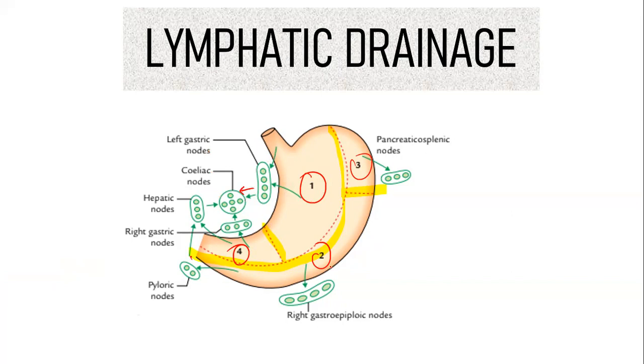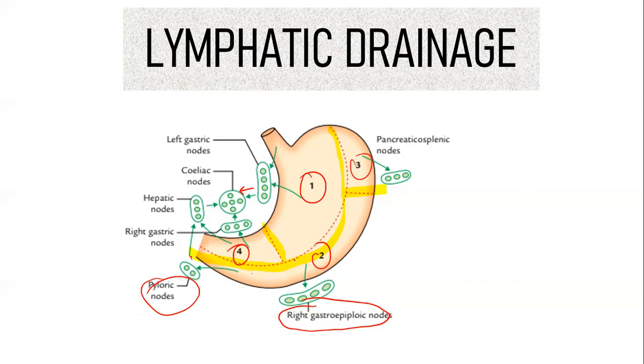Now area 2 is drained by the right gastroepiploic nodes. It includes some parts of the body and also the pyloric area. The pyloric area has been divided: some lymph from the pylorus will enter the right gastroepiploic nodes and some will enter the pyloric nodes. So area 2 has right gastroepiploic nodes and pyloric nodes.